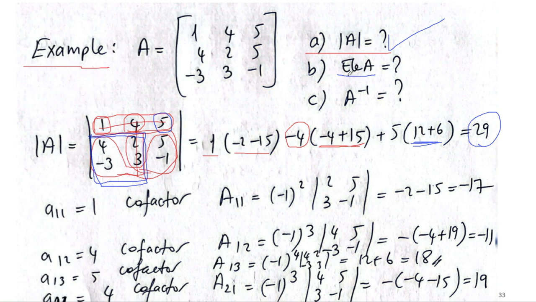This should be calculated. So these elements, A11, A12, A13, A21, A22, etc., you need to calculate these again from the matrix determinants. For example, for the first one, you are going to consider this determinant here, which is minus 2 minus 15, which is minus 17 here. And then you will move on to A12. So A12 actually comes to this point.